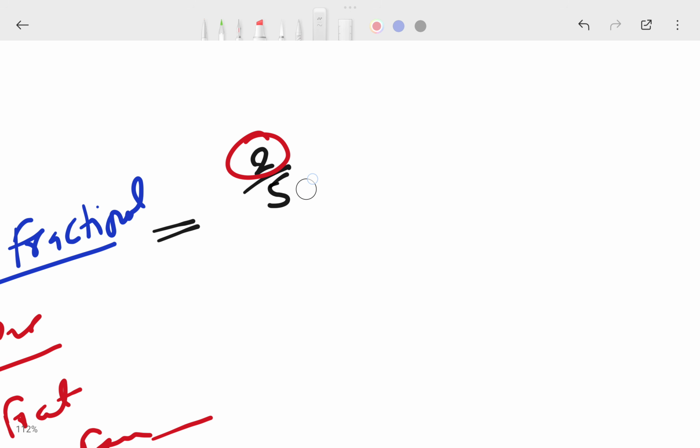Is it okay? So now let me clear one thing here. Let's suppose, how can we say whether a number is proper or improper? Let me tell you. Suppose in your school your teacher conducts a test for 20 marks.